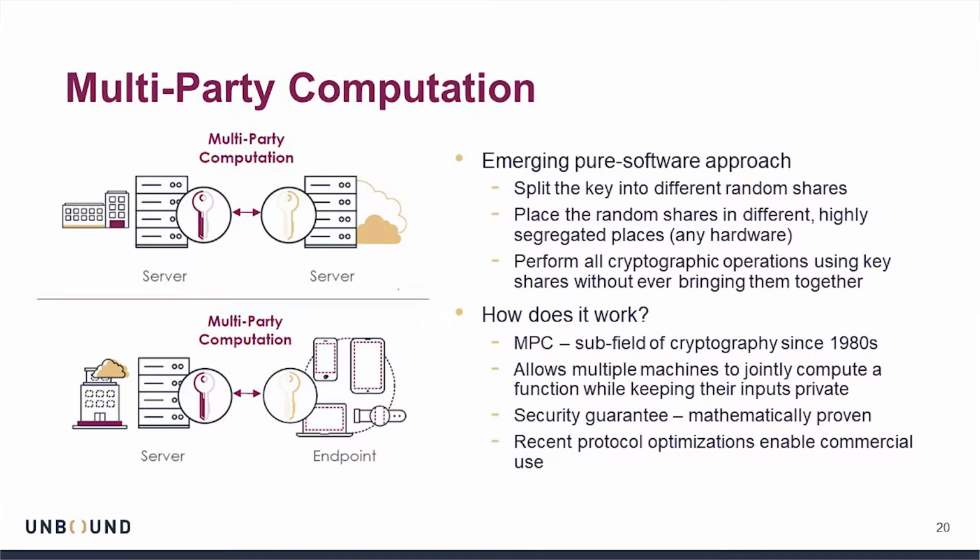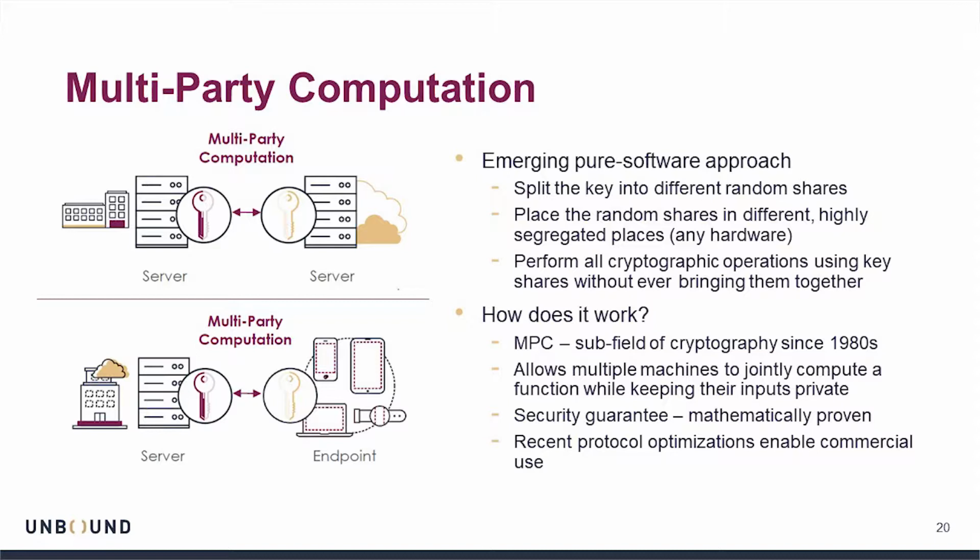So what else do we have out there? There's actually a new technology which is emerging as a practical technology, but it's actually been around in academia for 30 years now. It was invented in the 1980s, and it's a way of computing on information without ever bringing it together, so in a segregated manner.